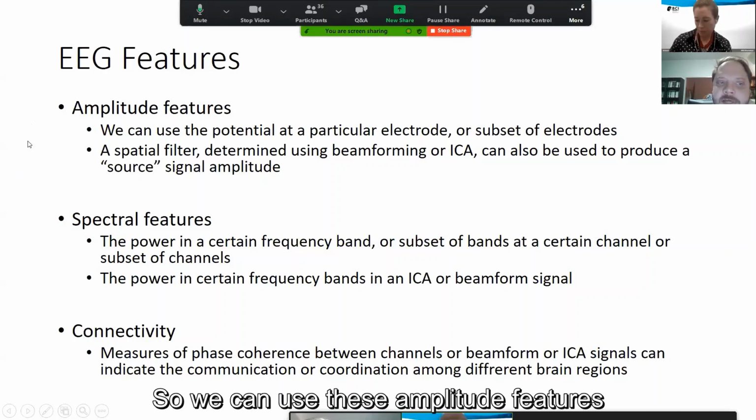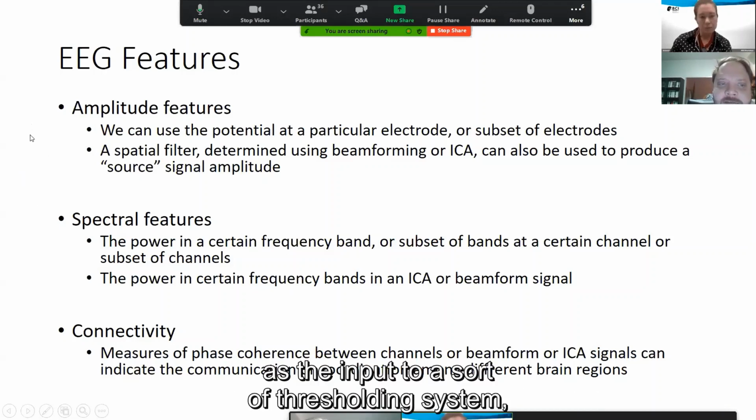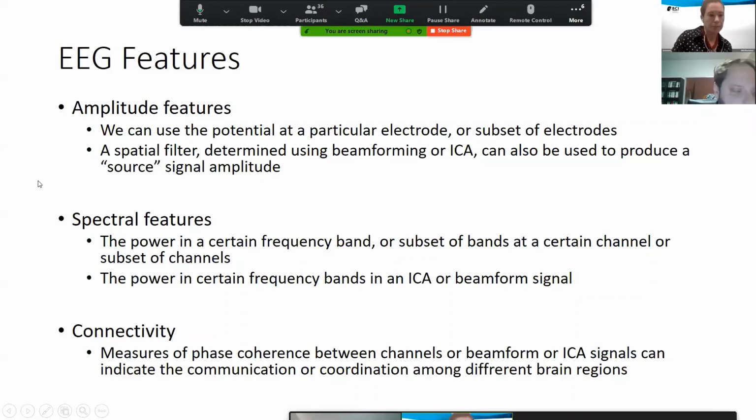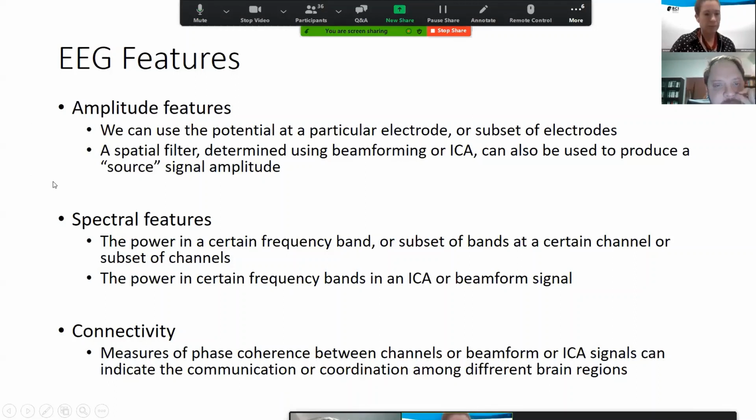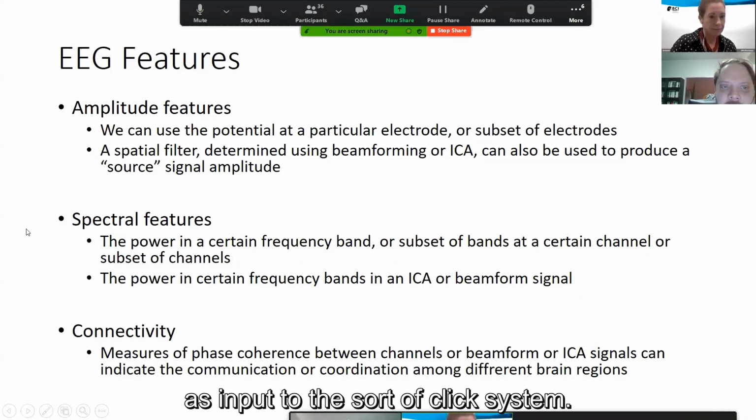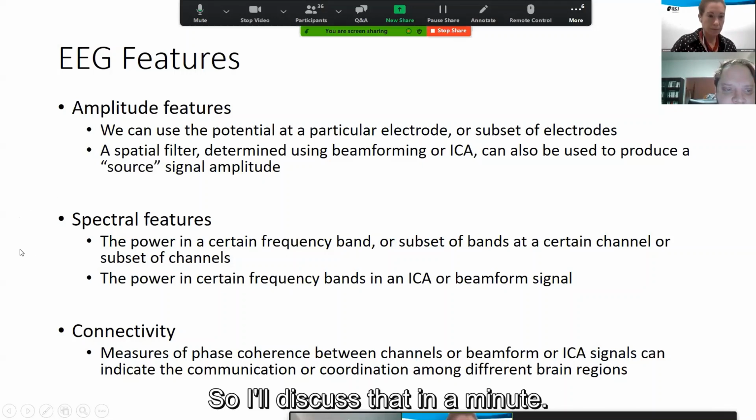So we can use these amplitude features as the input to a thresholding system that, for example, the speller will use the P300 as input to the click system. So I'll discuss that in a minute.